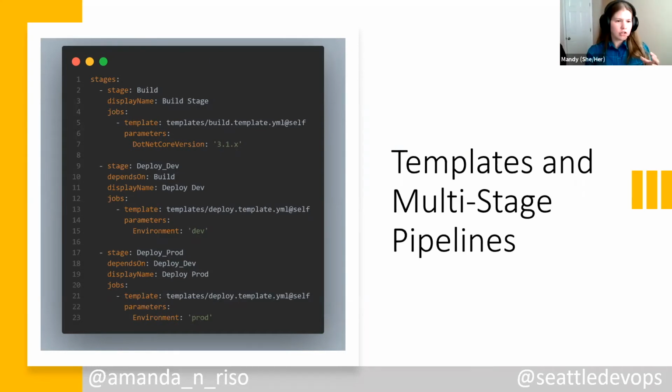The structure of 9 through 15 and 17 through 23 is the exact same. You don't have to do anything extra or different, and this is all within one YAML file, which is super helpful. And when you're doing hundreds upon hundreds of these, like our team does, this is gold.